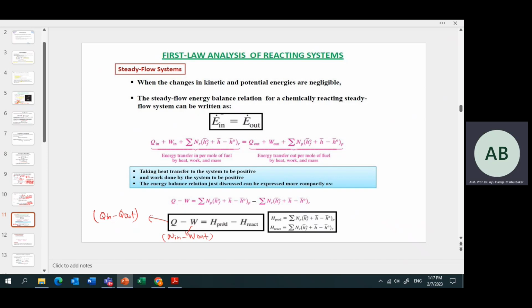H product, whatever product that you are producing, is the summation of mole multiplied by the heat of formation plus sensible heat, for the product and for the reactant.